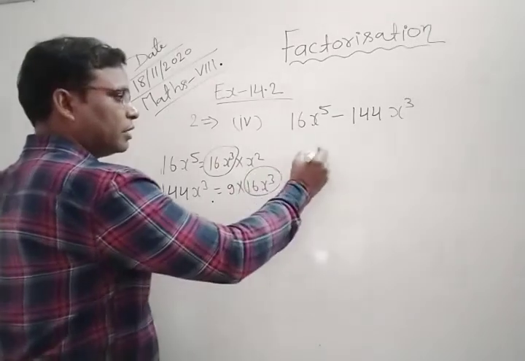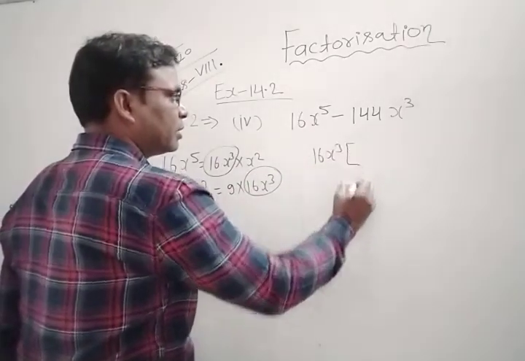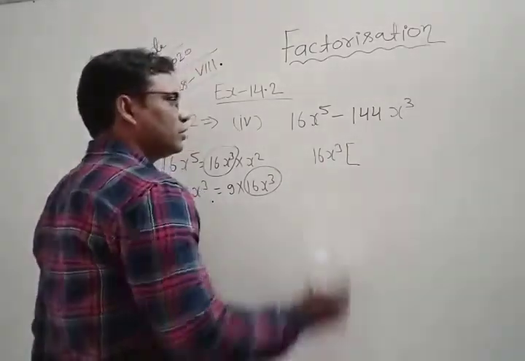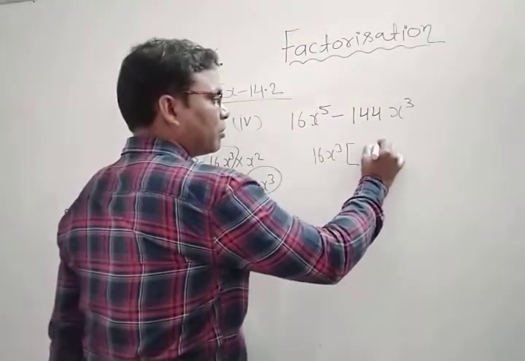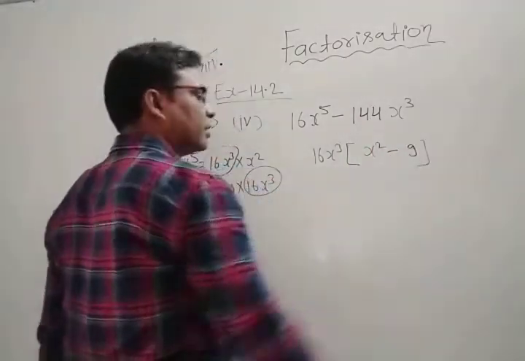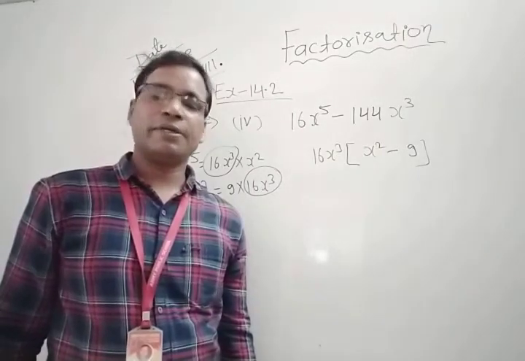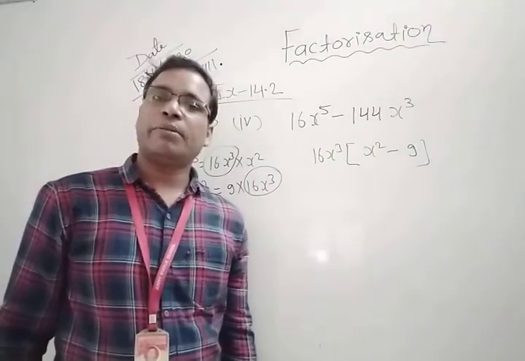Taking 16x power 3 as common, we have x power 2 minus 9. Clear? After taking 16x power 3 as common, we have x square minus 9.